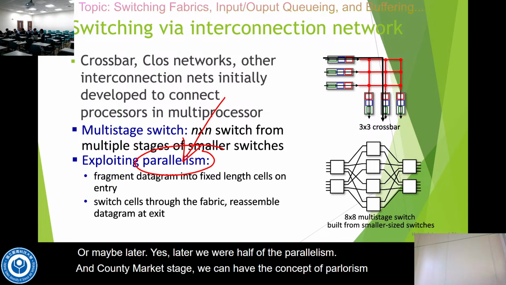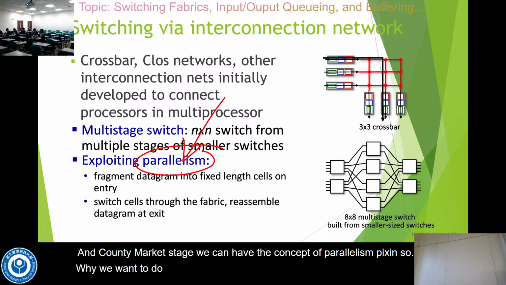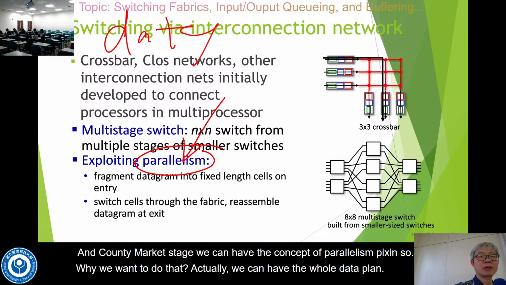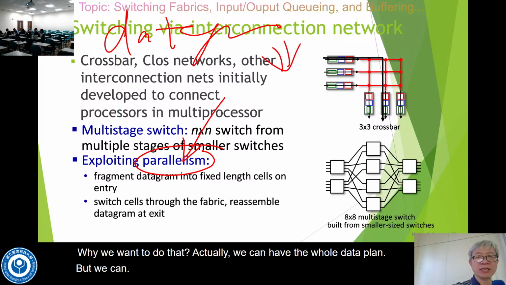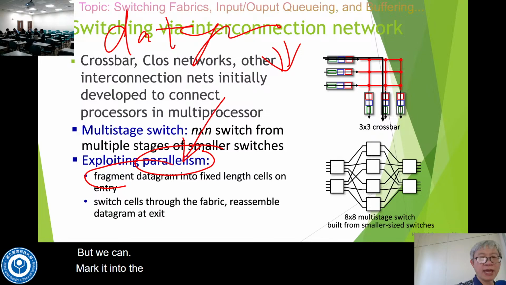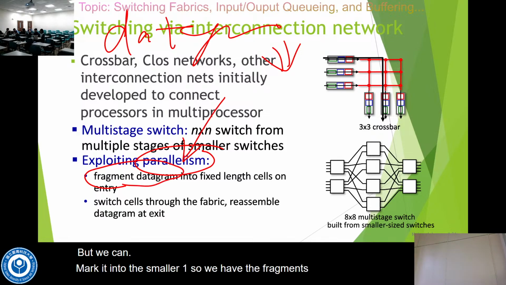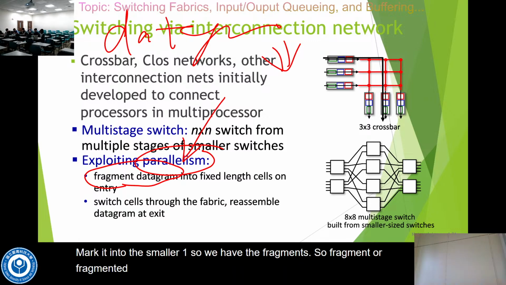So, why do we want to do that? Actually, we can have the whole datagram, but we can make it into smaller ones. So we have the fragments, so we fragment the datagram into small length cells.